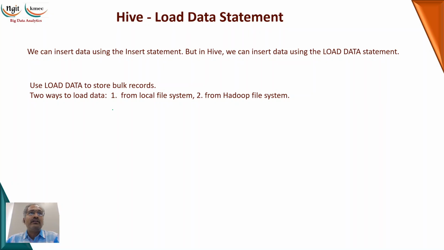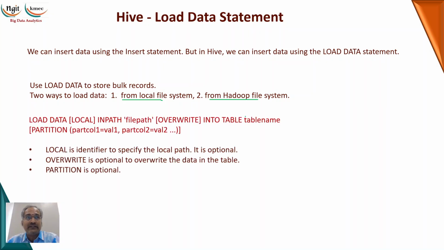There are two ways to load the data: from the local file system or from the Hadoop file system. Both are possible. In both cases, if you are creating the table, the data will be moved to the specified location, otherwise to the default location, that is the warehouse directory.